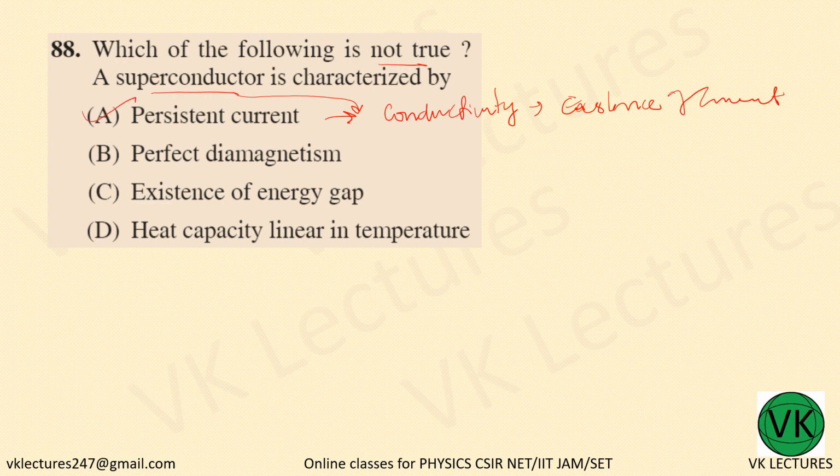Now perfect diamagnetism. The magnetic field inside the superconductor is equal to 0. This is always true, but depends on temperature. Existence of energy gap. So B is also true. Now existence of energy gap. This energy gap does not mean the gap between the energy levels.